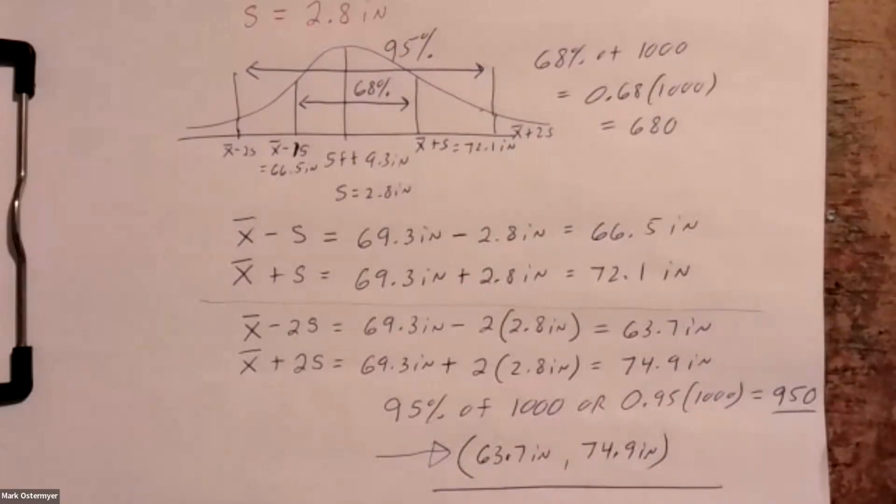That 95% of all the men's heights out there range between 63.7 inches to 74.9 inches. Why would we even care to know that? Anybody? Can you give us an example as to why this would be important? I'll give you a hint. It's in building things that we all use in our everyday lives.